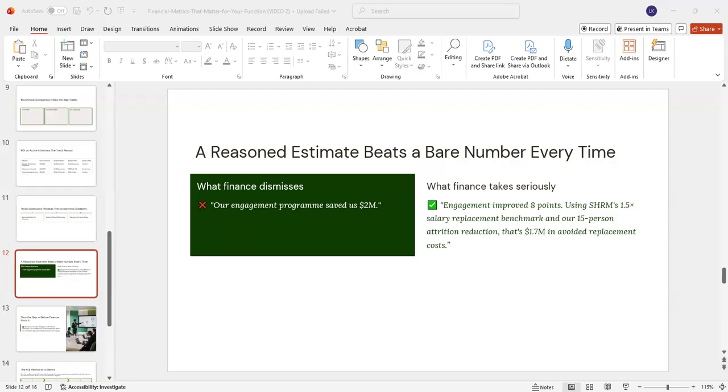The other point that I want to reiterate is if you see a gap, do everything you can not to hide the unfavorable metric. Again, your job is not to present a perfect picture. Your job is to present an accurate and forward-looking picture with a plan, right?